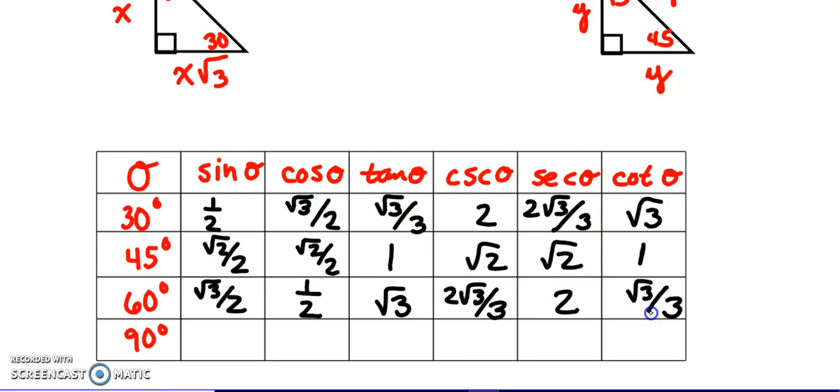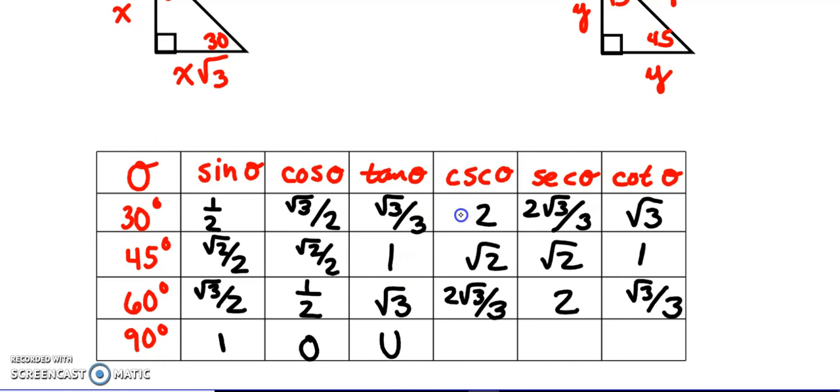Now for the 90 degrees, when it comes to sine, that's 1. Cosine is 0. Tangent would be undefined. It won't be anything there.